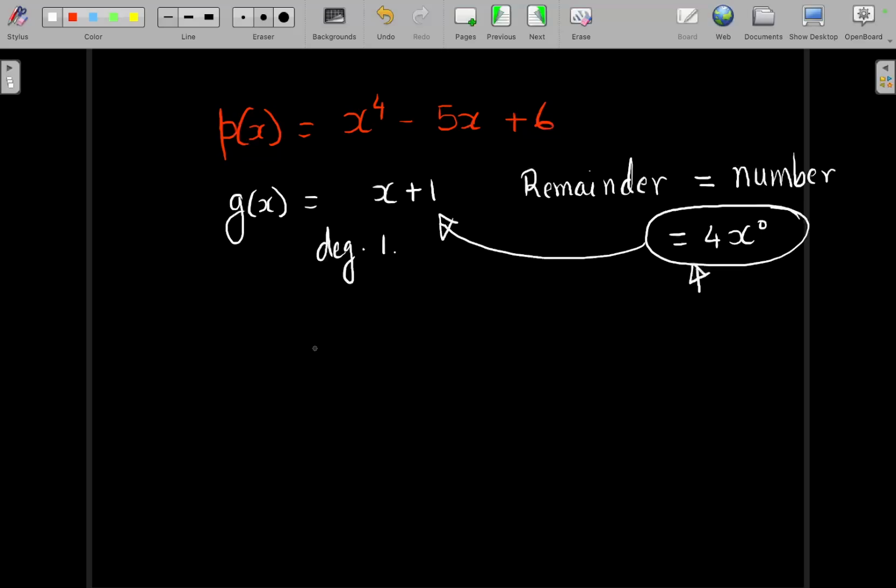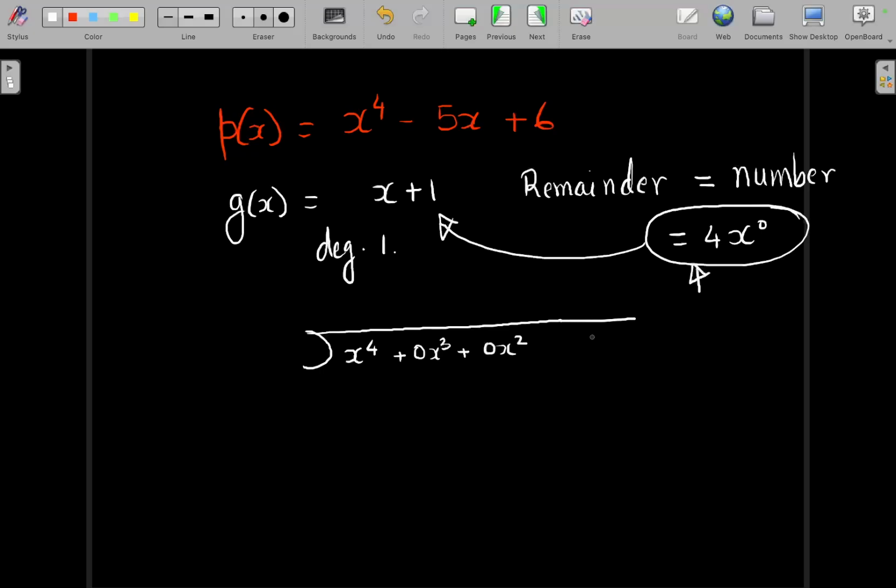So now let's do the division, and here is one more example. Maybe you should pause the video and do this example yourself, so that you are sure that you're getting the steps right.